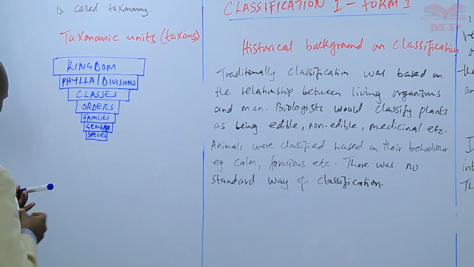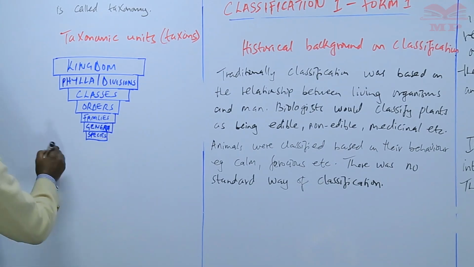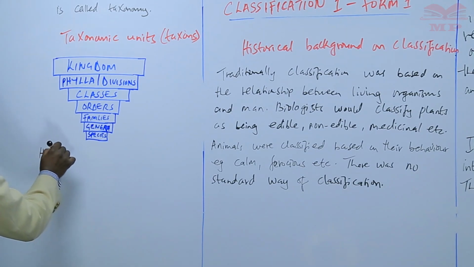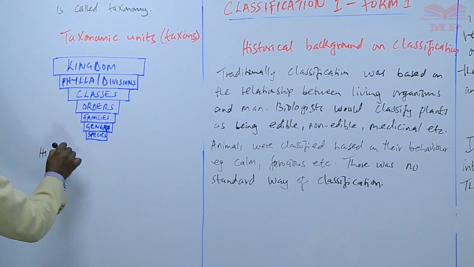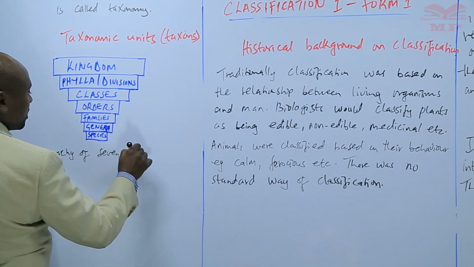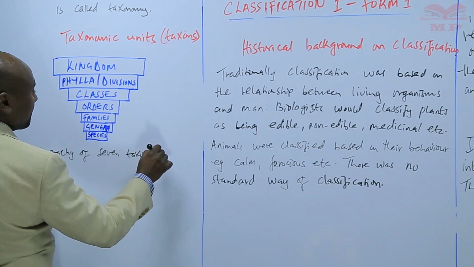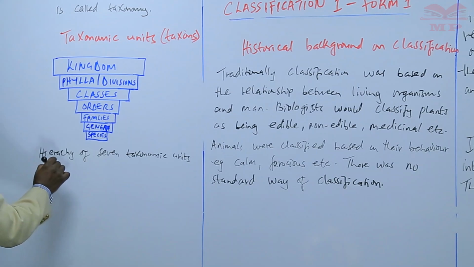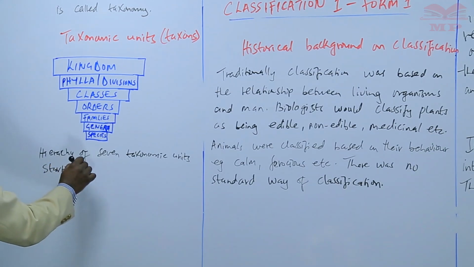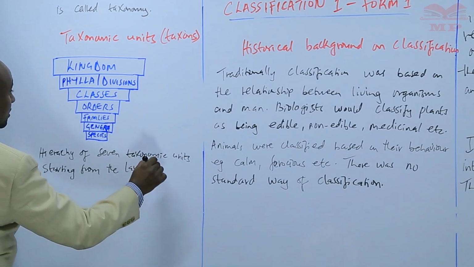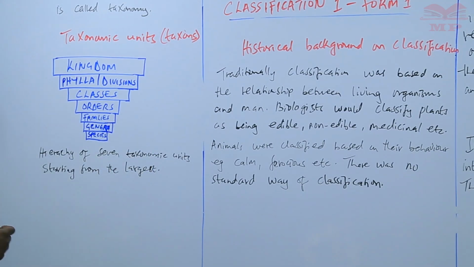So we have 7. This is a hierarchy of 7 taxonomic units, starting from the largest. Which in this case is the kingdom.